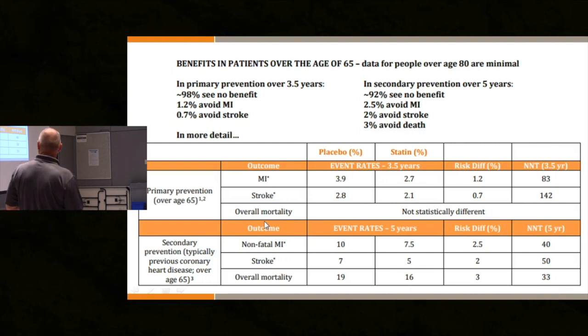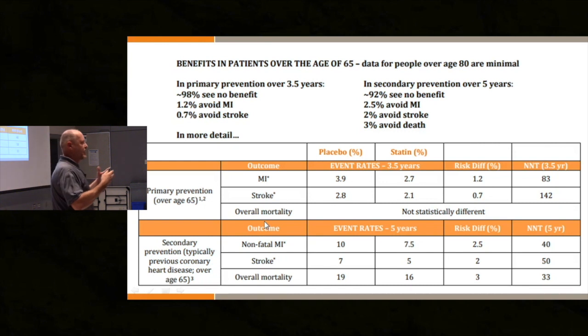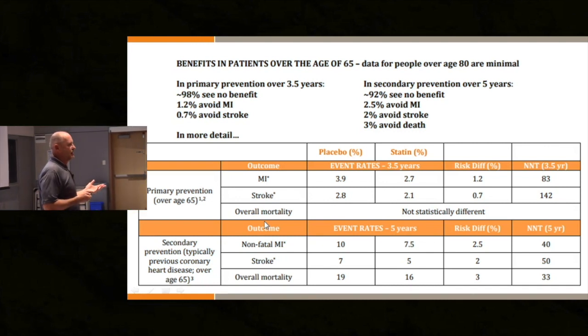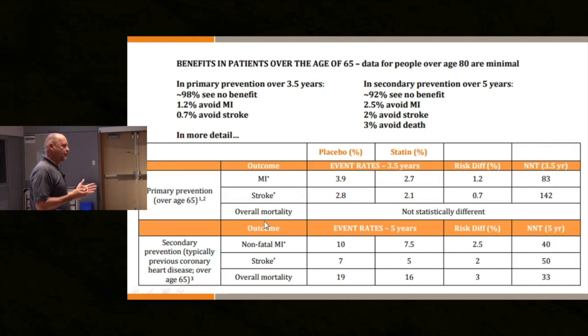Whereas if they've had some event, then you have to treat 40 for a heart attack, 50 for a stroke. But still, if you look at it from a benefit point of view, if you're treating 100 people, you're not going to provide a benefit in 92%, and they might be subjected to side effects.